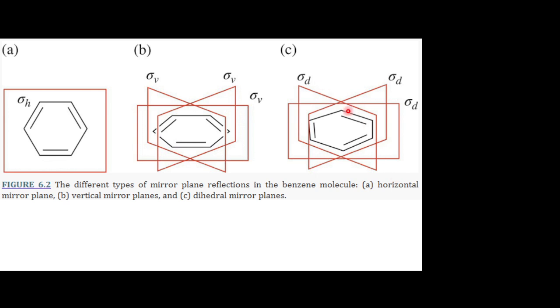So these are the dihedral ones right there. Notice they're vertical planes like the other ones. They're just the ones that go through the bonds versus the ones that go through the carbons. Because you have 2 options, don't you? If you have more options and you can't easily separate these things, you'd start using primes.